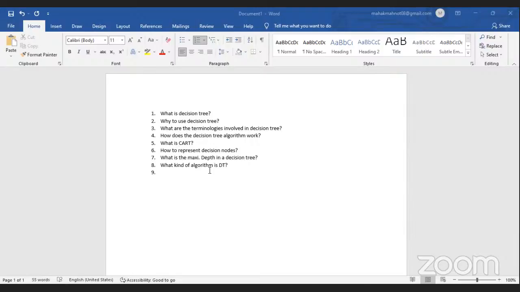So a decision tree is supervised learning, which means it predicts values of responses by learning rules derived from the features. Features means columns. So it is supervised learning, not unsupervised or both.